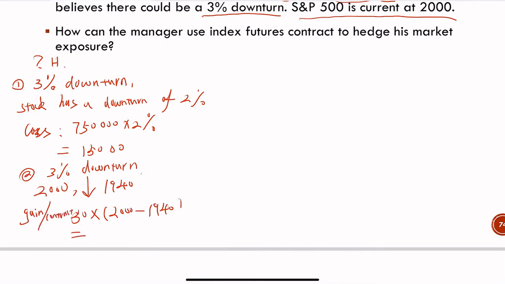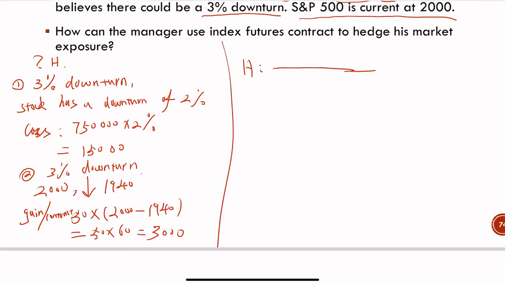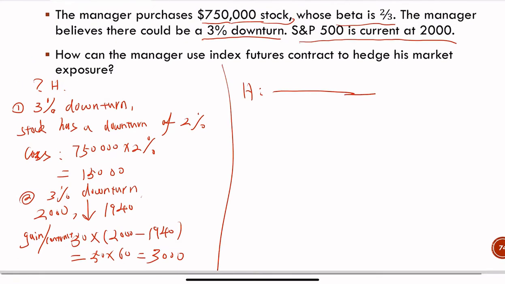So this would give you 50 times 60, which would be 3000. So now you can find out the hedge ratio. The hedge ratio would be the value change in your equity position, which is 15,000, divided by the value change per one futures contract, 3000.